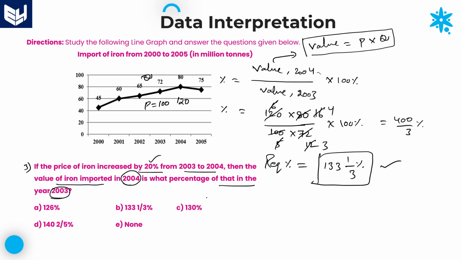Here the value of iron imported in 2004 is 133 1 by 3 percentage of the value of iron imported in the year 2003. That is the meaning of that question. The answer is option B, 133 1 by 3.